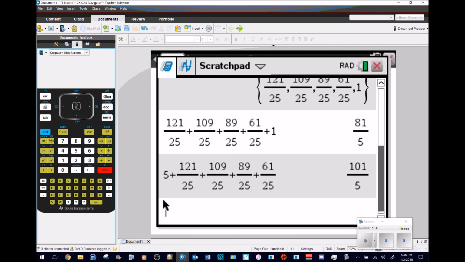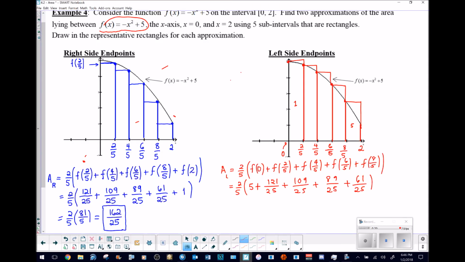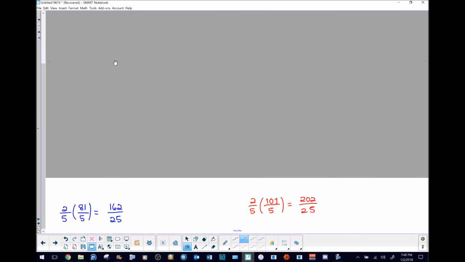And when I finish it up by multiplying through by 2/5, I would ultimately have 202. Let me get this correct. No, I stand corrected. I think I need to put 101 over 5 and not 101 over 25. So 202 over 25 ends up being our left endpoint approximation, whereas 162 over 25 was our right side approximation.